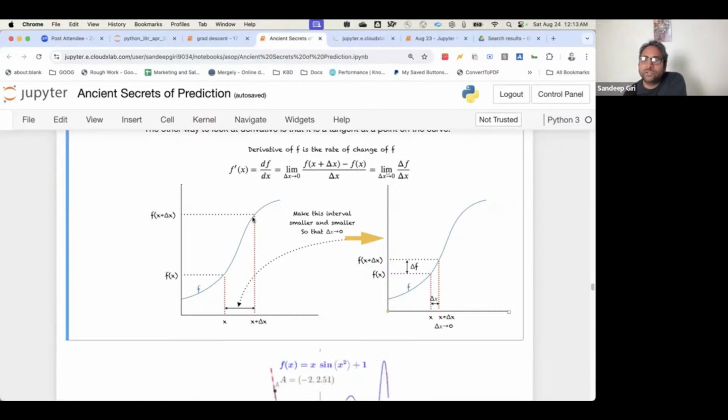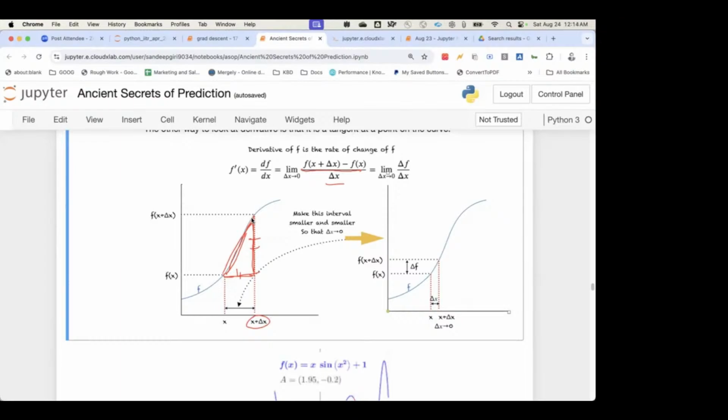If you draw a triangle from here to there, this line is the numerator and this line is the denominator. So the ratio of the perpendicular to base is called the first derivative, just that this value has to be very tiny. Remember how we did it in code? The line between f(x) and f(x plus delta x) is assumed to be a straight line.